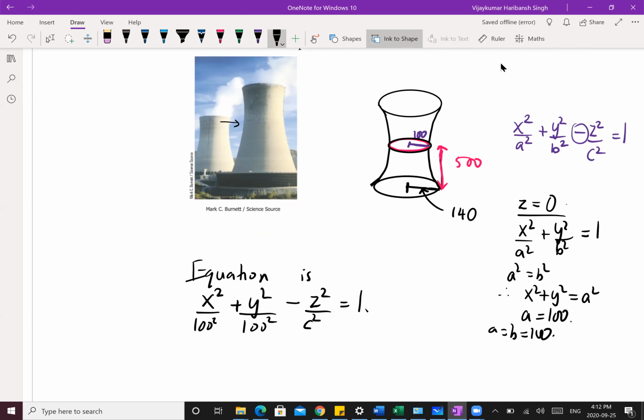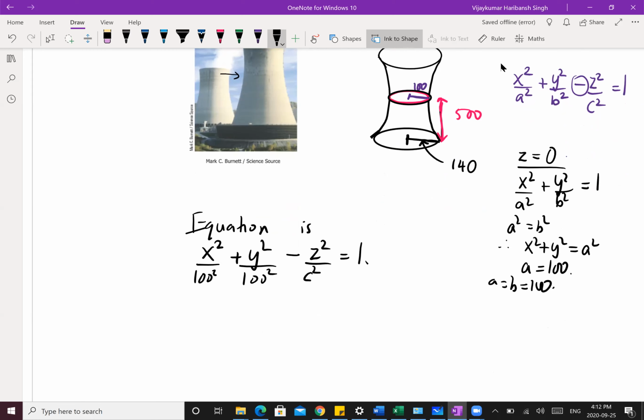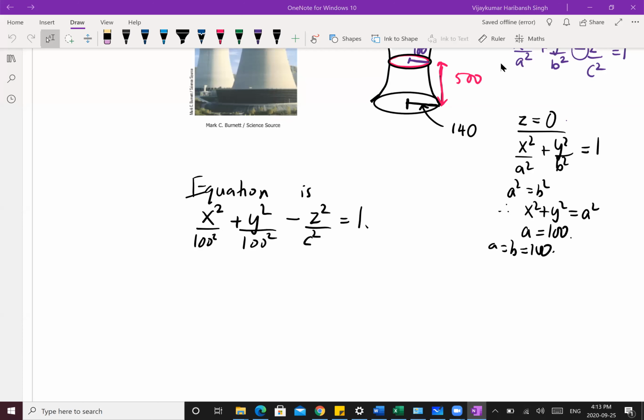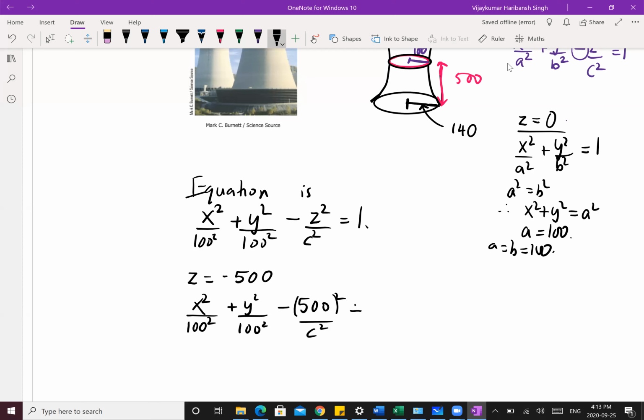So the idea is if you take z equals minus 500, then we get x squared by 100 squared plus y squared by 100 squared minus 500 squared by c squared equals 1.